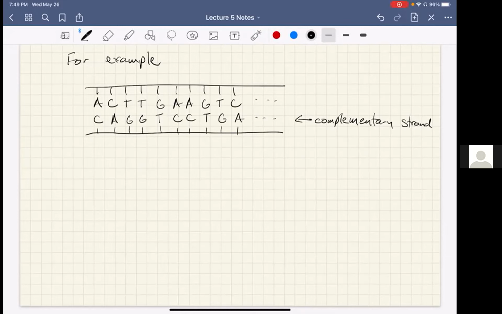There is something called the central dogma of biochemistry. And basically it works like this. Well, this is actually a very simplified view.